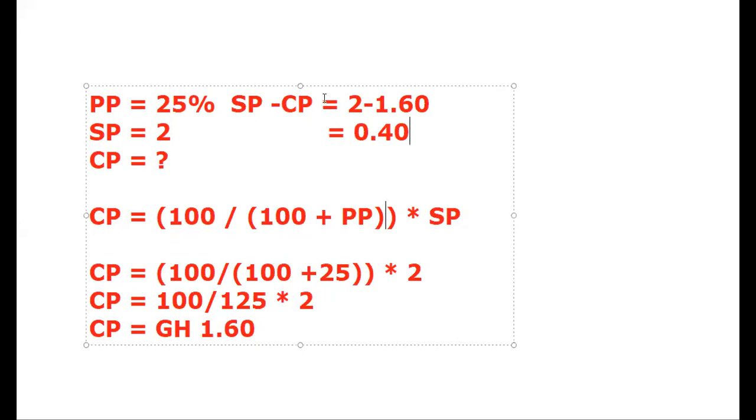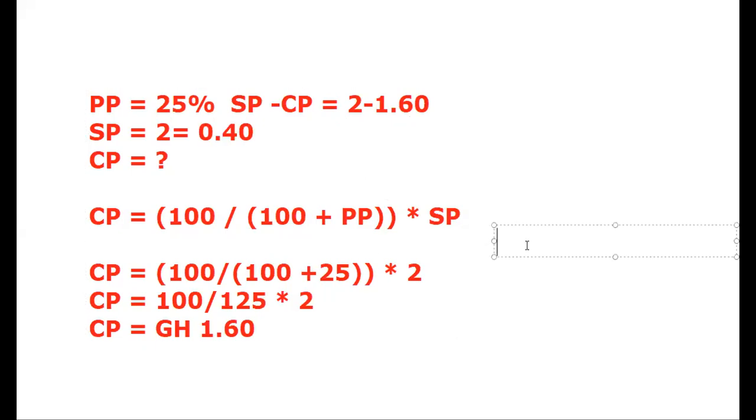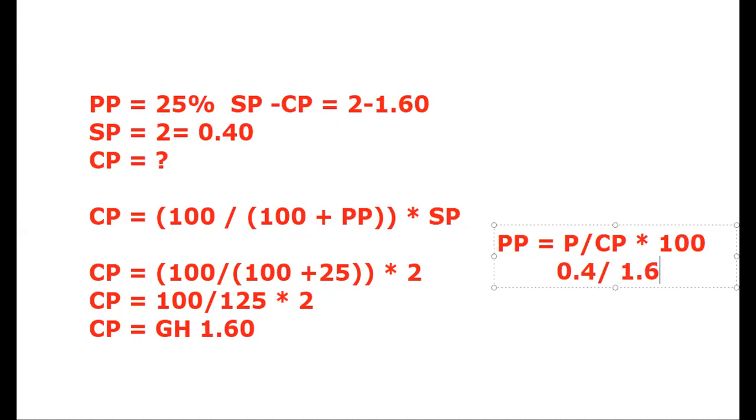So if you have your profit to be 40 pesewas, how do you find your profit percent? Profit percent is equal to the profit over the cost price times 100. So profit, which is 0.4, over the cost price, which is 1.6, times 100.